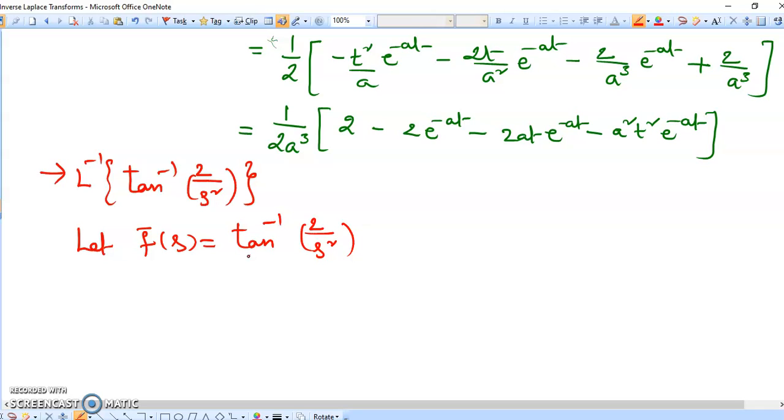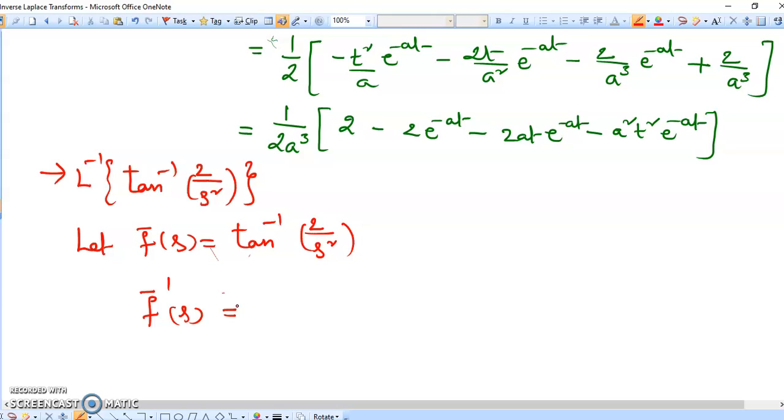So for tan inverse, cot inverse, logarithm, for all these types of problems, inverse Laplace transforms of derivatives is applicable. Now I will find f bar dash s. I am first finding the inverse Laplace transform of the derivative of the function. With that I can easily find the inverse Laplace transform for the given function.